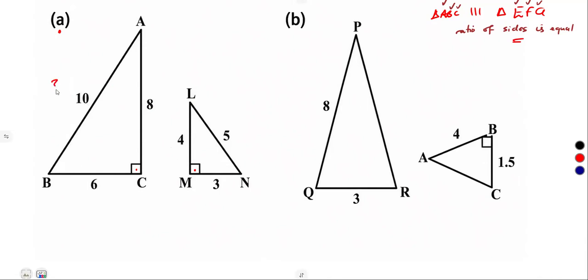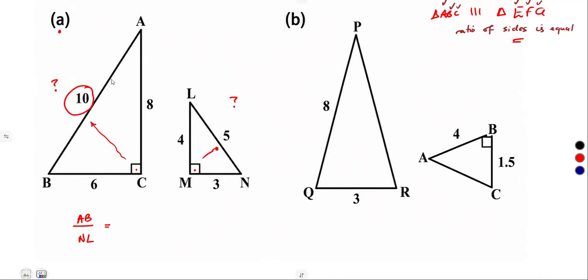Taking from triangle ABC to the other triangle, we can use corresponding sides. Our hypotenuse, the one facing 90 degrees, which is AB, over the hypotenuse of the second triangle, which is the one facing the right angle, NM or LN, whichever way you put it.